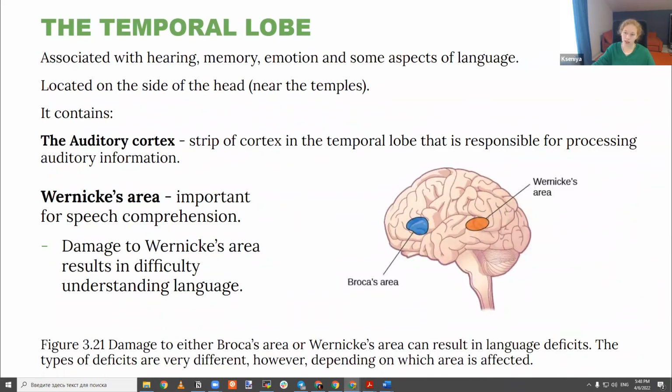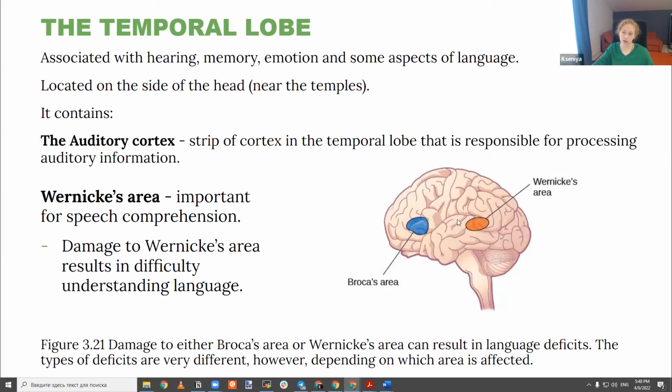A couple more things to remember about the temporal lobe. So the first is that the auditory cortex is located here, so primary auditory cortex, the cortex which is responsible for processing auditory information.